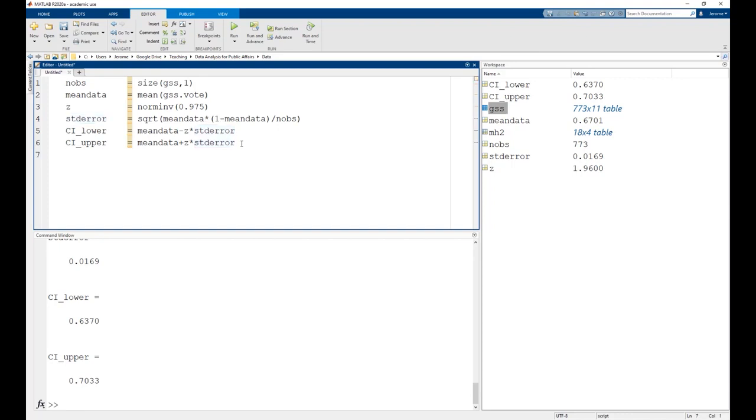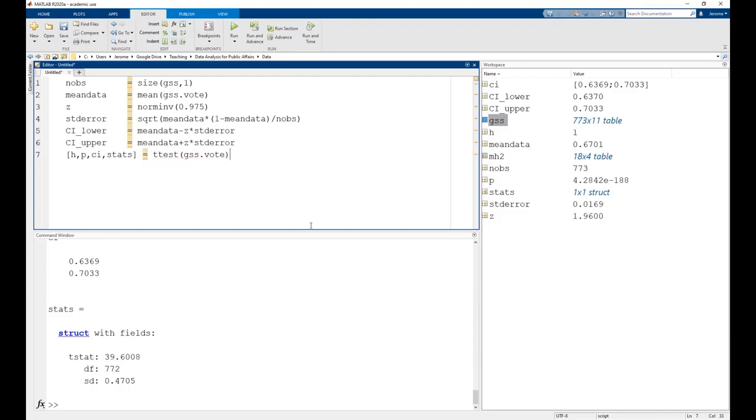Now again, we can actually use the command t-test for this. Note that in order to find the confidence interval, we have to explicitly mention that we are interested in a confidence interval. So we can say t-test GSS vote.